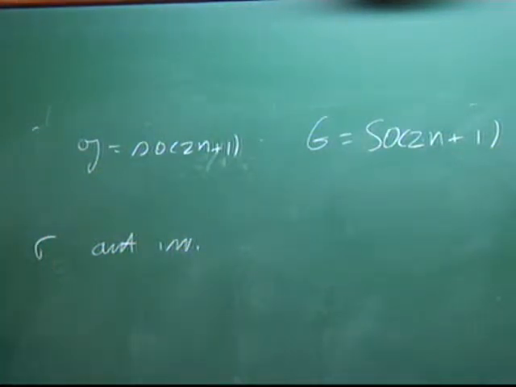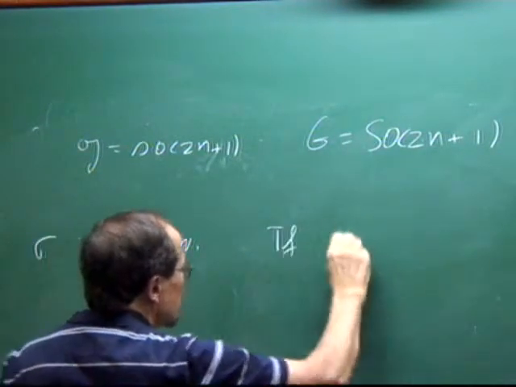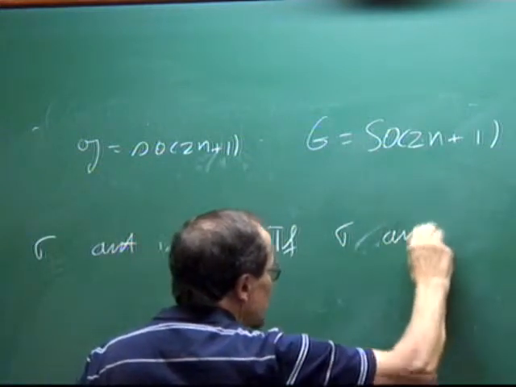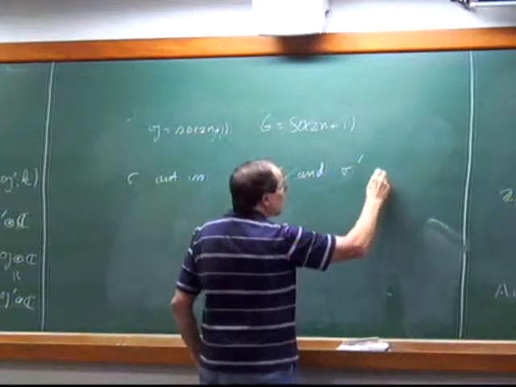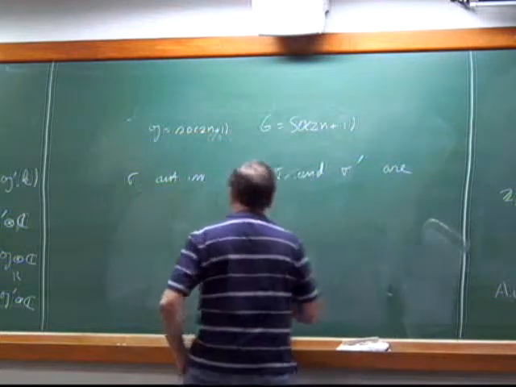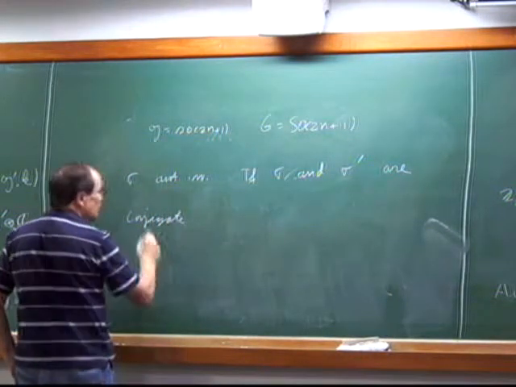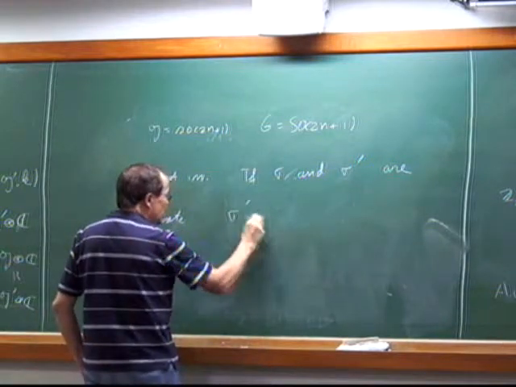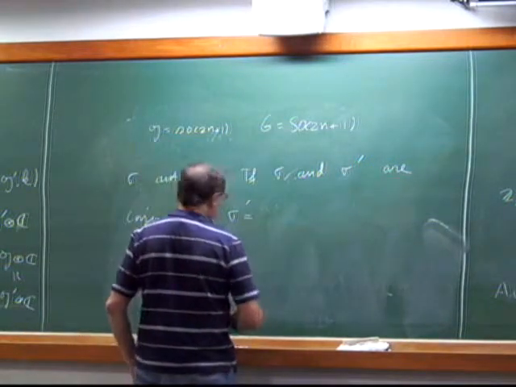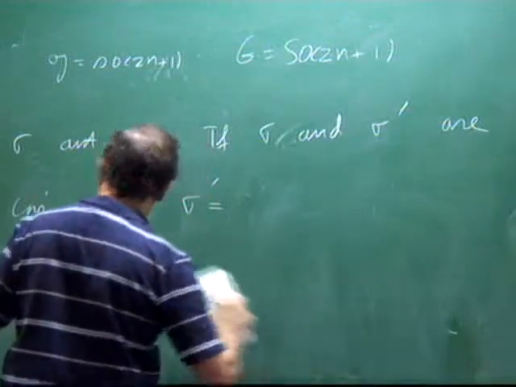And I claim if sigma and sigma prime are conjugate, so in other words, sigma prime is equal to, or even for an automorphism, doesn't have to be conjugate.